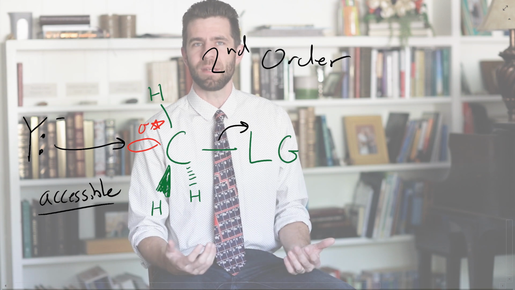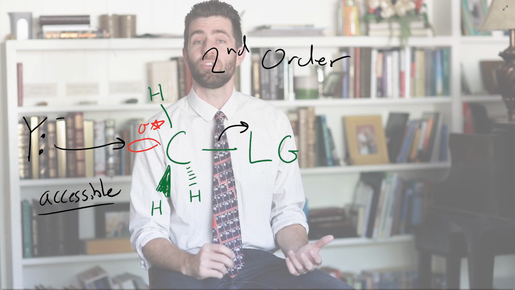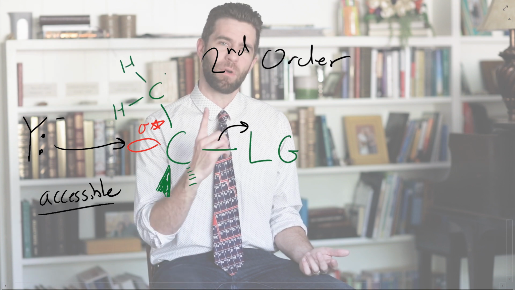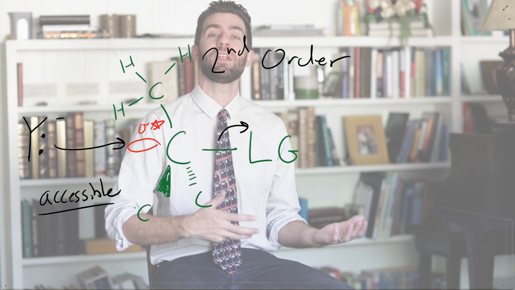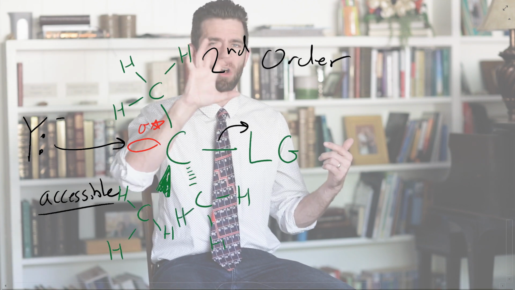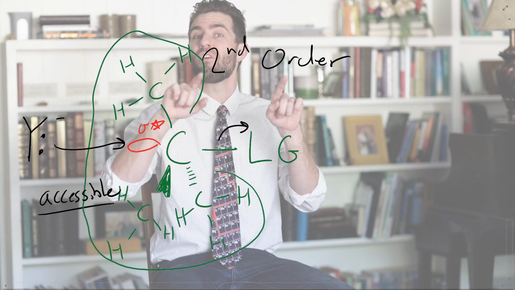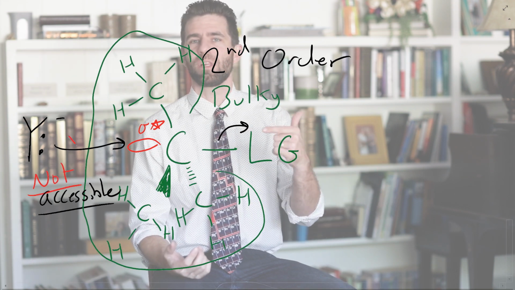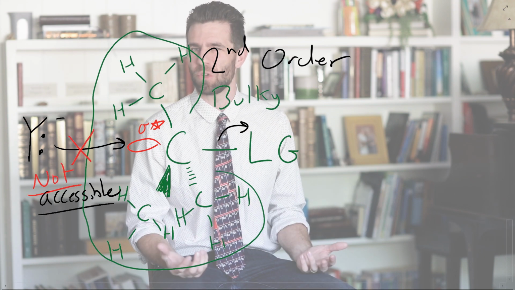This can happen unless we have too much substitution. If you replace the hydrogens in that primary alkyl halide and turn it into a tertiary alkyl halide, now it's got all these C groups, which have all their hydrogens on them. It's so bulky that the electrons from our nucleophile or base just can't get in there to attack.